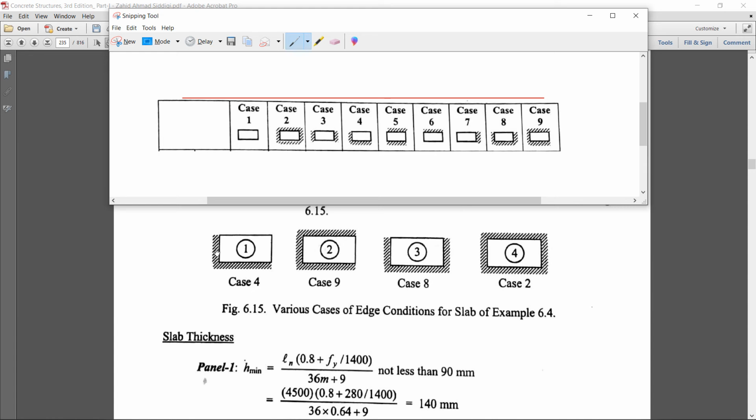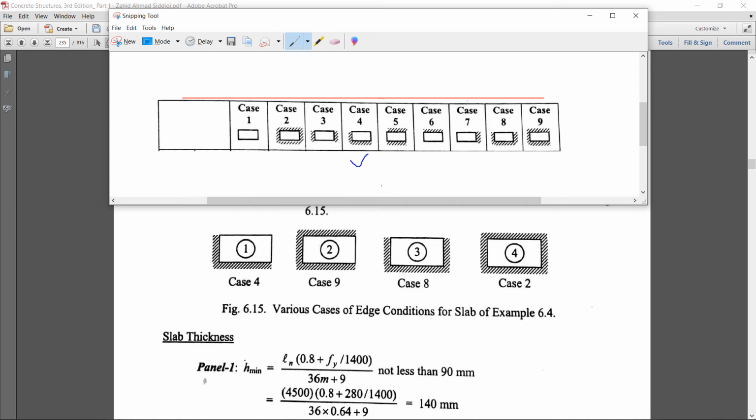So let's see our slab panel 1. When two edges are continuous and two edges are discontinuous, we will move to this table. 1, no, 2, no, 3, no, 4. You can see here the slab panel: one longer and one shorter are discontinuous, one shorter and one longer are continuous. So our case is 4.